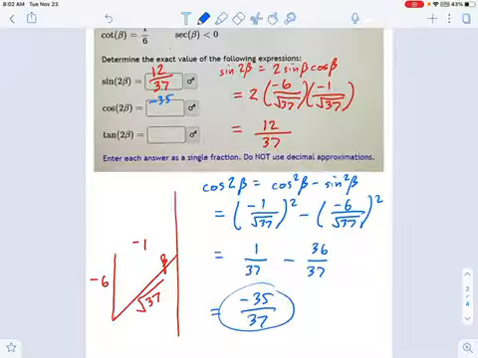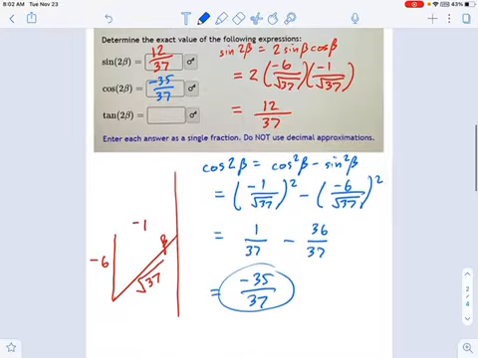Negative 35 over 37. Okay, let's just do a quick double check to make sure I didn't mess this up really badly: 12 squared plus 35 squared. Looks good.